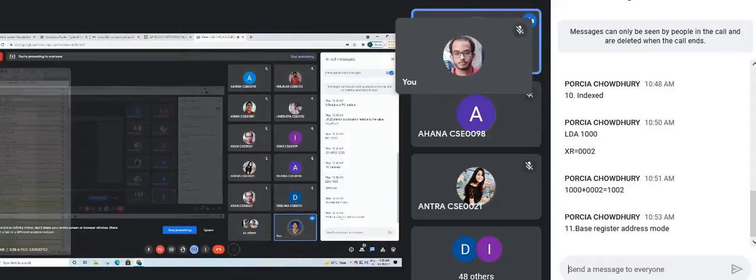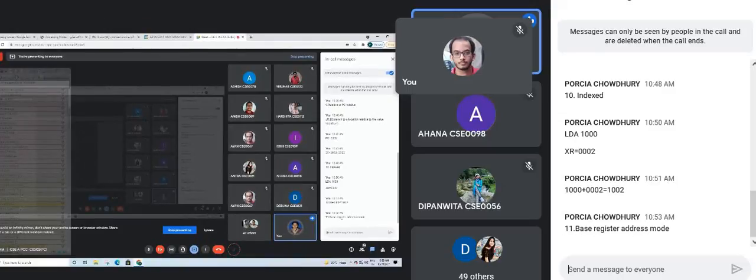So again, what is base register address mode? In case of base register address mode, there will be no particular example. You just have to specify that this address mode is used to relocate a program. That means if you want to relocate a whole program to another memory address, we will use this base register address mode.